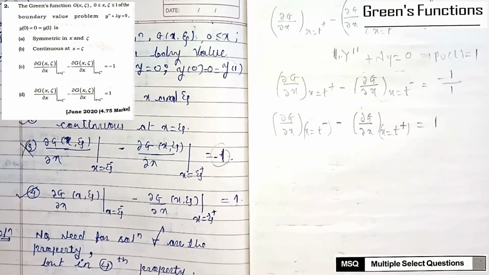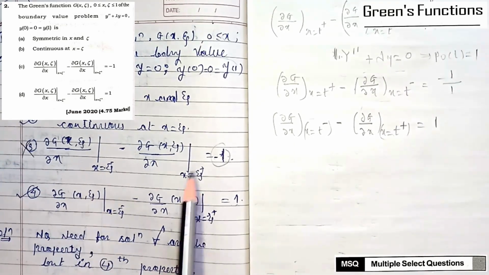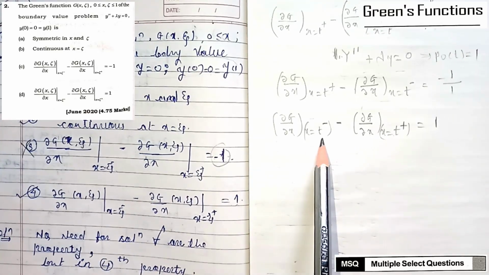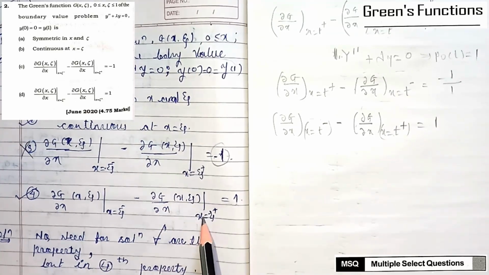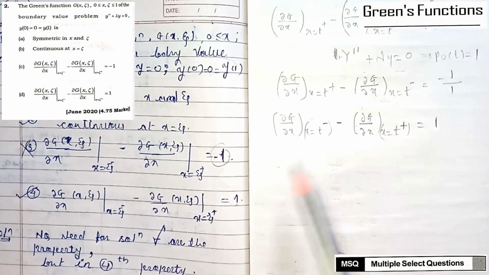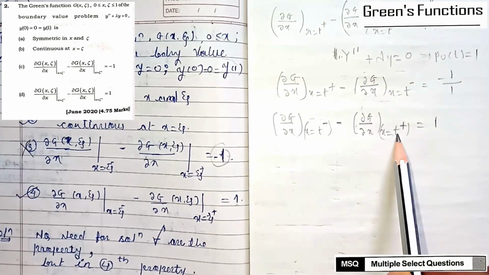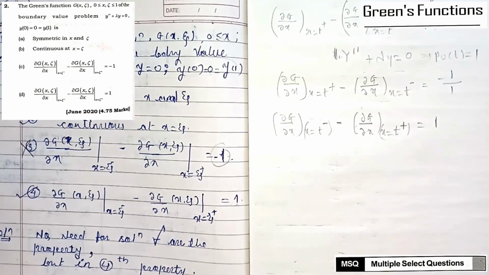Now let's check option number fourth. Fourth option says that ∂g/∂x at x equal to zeta minus, minus ∂g/∂x at x equal to zeta plus, is equal to 1. Instead of zeta, I have taken t. Don't get confused, it's just a replacement of variable.